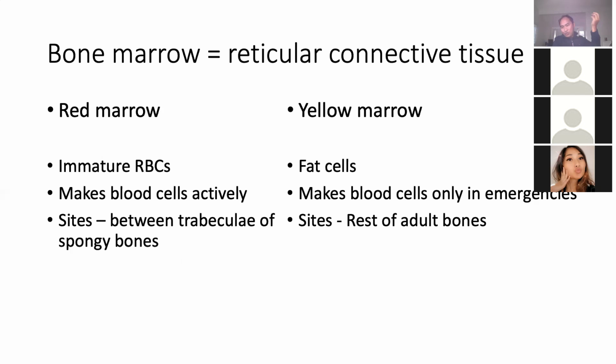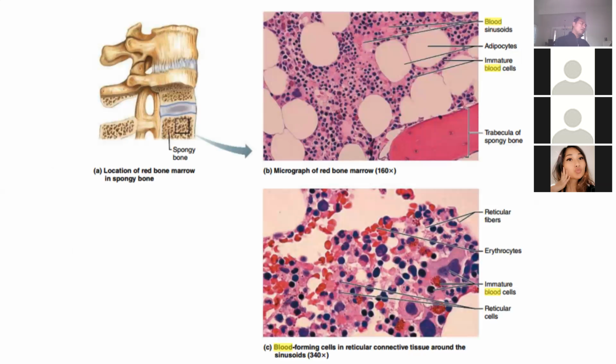But when we were babies, like children, most of the bones are very active and full of red marrow. With time, through aging changes, this red marrow is replaced by yellow marrow. Look at our spine. We see the spongy bone in the center of the vertebral column, where we get red marrow.